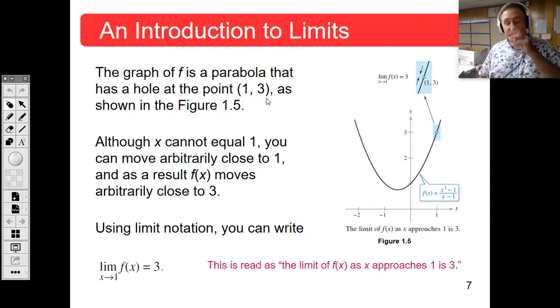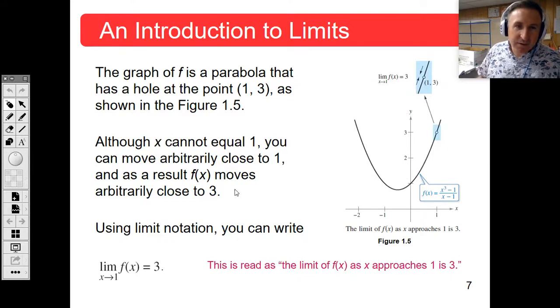Because we could have factored the difference of cubes and we're left with x squared plus x plus 1. And although x can't equal 1, there's a hole at 1. When we come from the left or come from the right, we're approaching the location of the hole, right? And so the limit at 1 is 3.